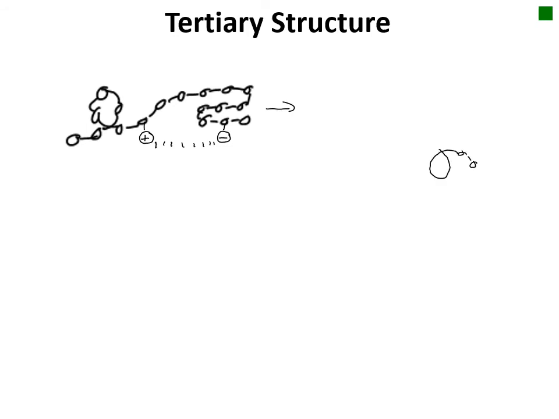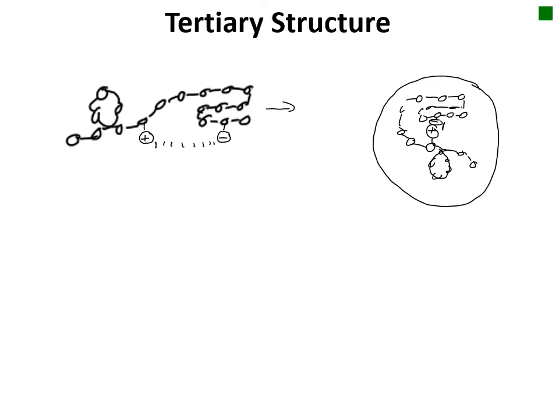Here's our alpha helix from our secondary structure. Here's our amino acid with its positively charged R group, which is now interacting with the negatively charged R group, causing our overall 3D shape to fold up into this structure.